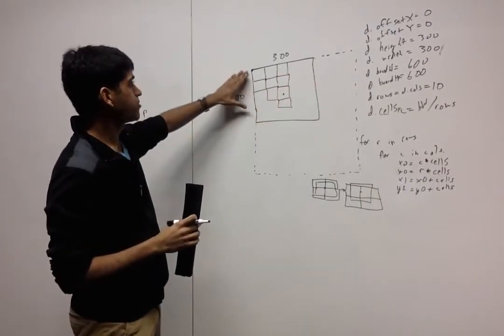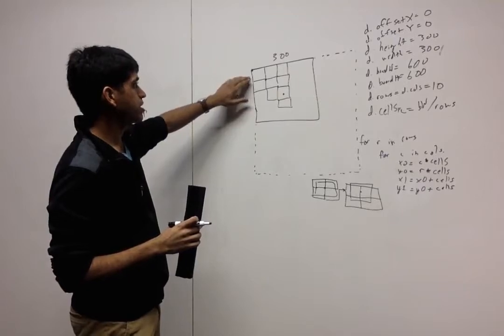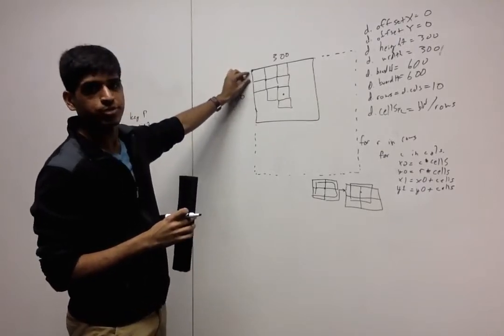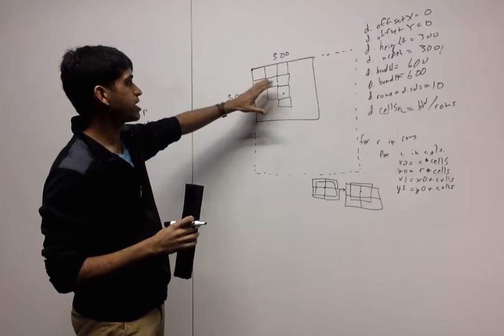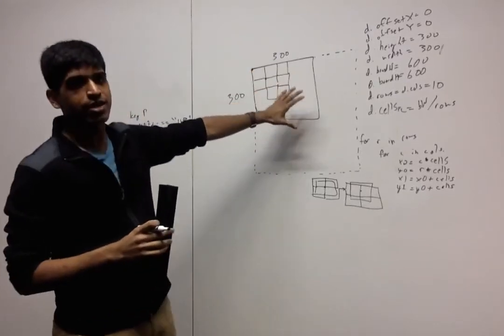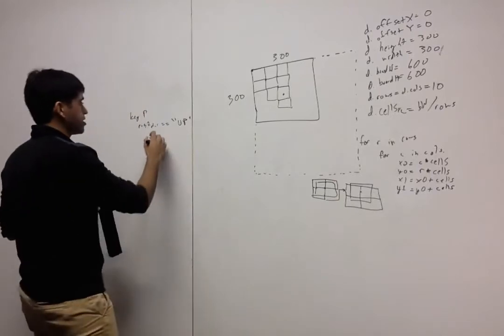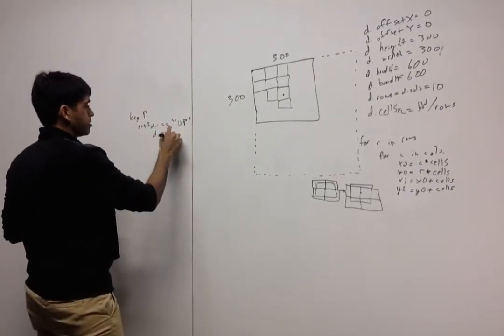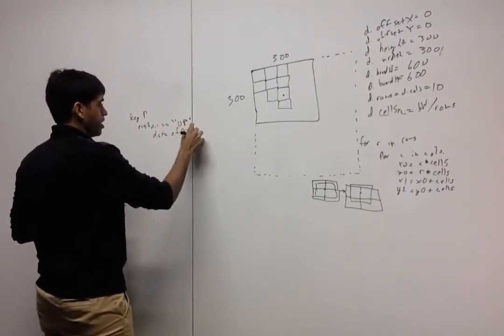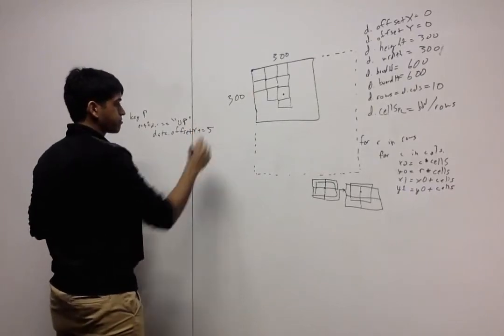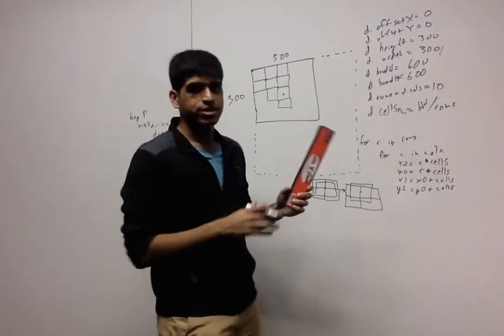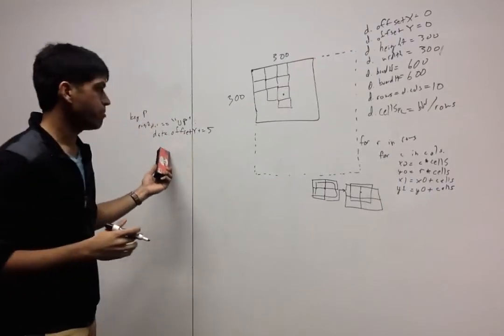So I need to basically move the board down, which means that the offset should increase positively. Because I'm going to add, let's say like 5 to the entire board so that it moves down. So now I'm going to say data.offset y plus equals 5. So that's going to increase my offset when the player presses up.